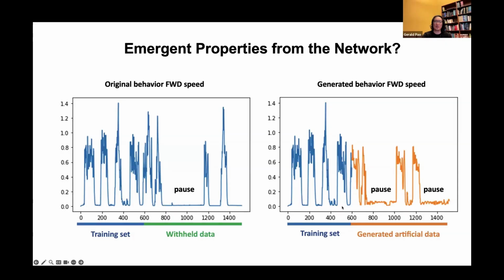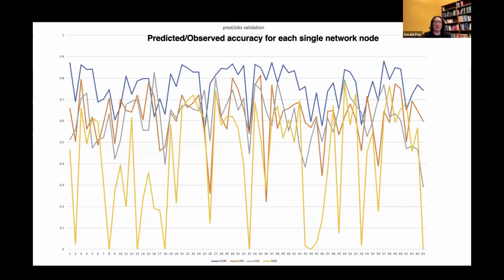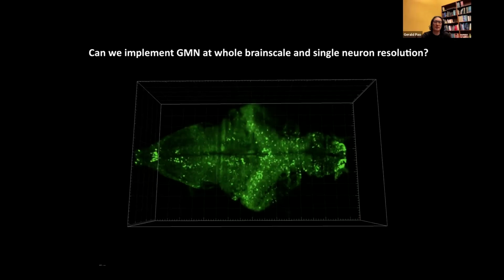But in the simulation of the downloaded fly, we can actually have these long pauses happen sometimes that look very realistic, like the real ones, but we never explicitly had it in the training set. So maybe there are some types of emergent properties. We actually had some other behaviors, like the fly making round circles, running in circles, that happen. Anyway, this is just a performance metric, as I said.